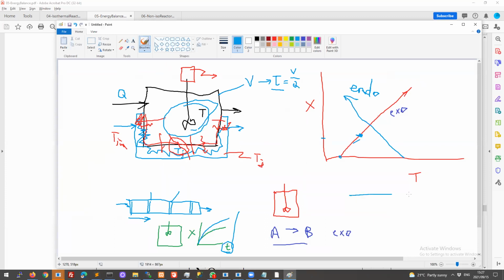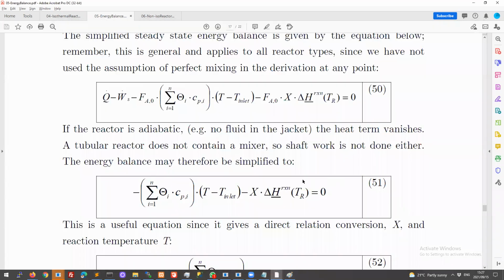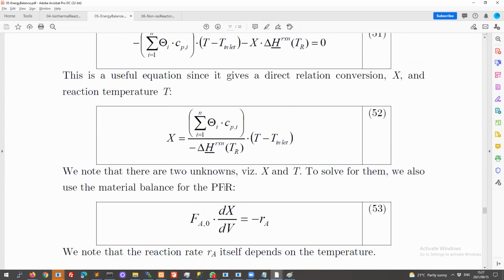So in the PFR, you've got the design variable perhaps being the length of the tube. So if you want to know, should I produce a 1 meter tube or a 2 meter tube, then it comes down to what do we want the exit conversion to be. And so we can answer that by applying our energy balance and using the relationship between X and T. We are able to use that together with the mass balance.